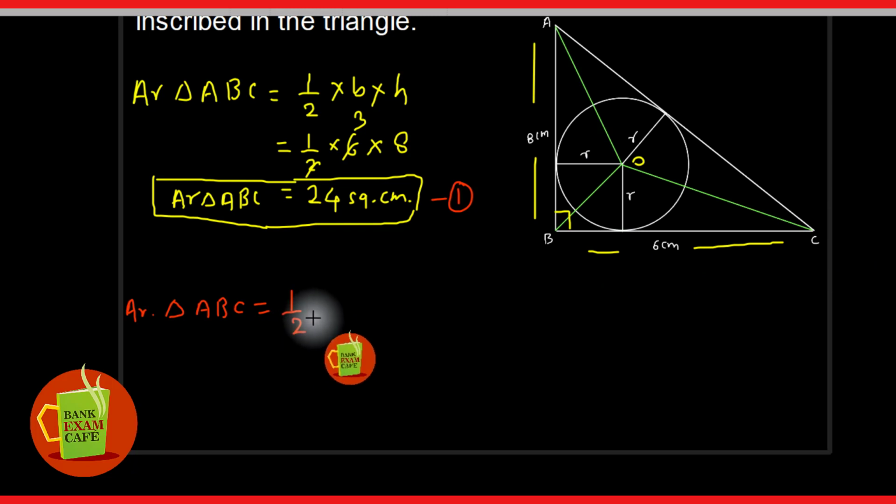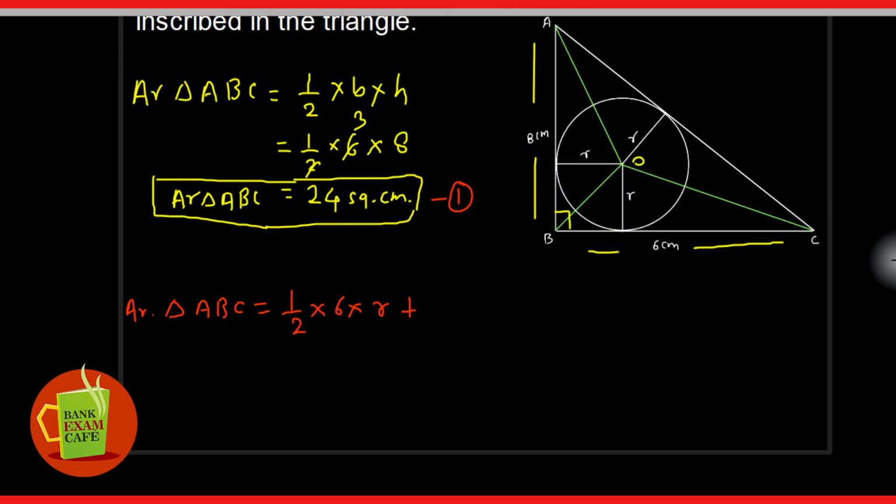So it will be 1/2, base is 6, into height. Height is a perpendicular drawn from the opposite vertex on the base, so the radius will be the height. Plus area of triangle OCA, 1/2 base AC, which we do not know, so to find AC we will have to use the Pythagoras theorem, because ABC is a right angle triangle.